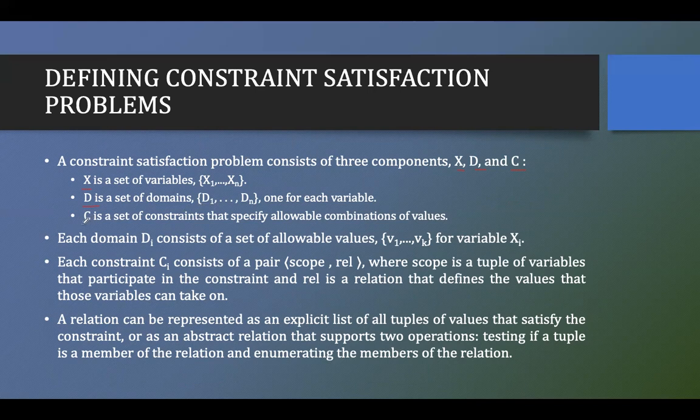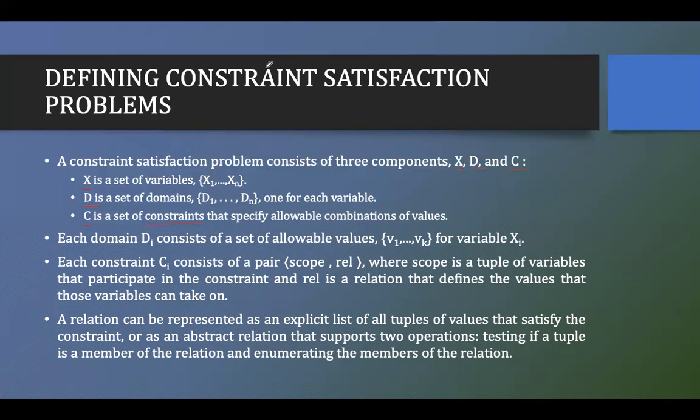The last one is C. C is the set of constraints that specify allowable combinations of values. So we allow some combinations of values based on the constraints. A constraint is based on two variables or three variables, whatever variables we have.